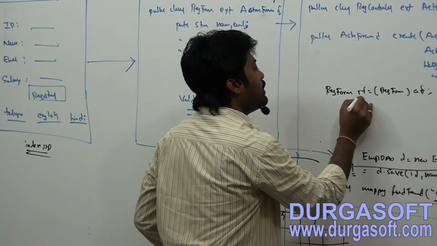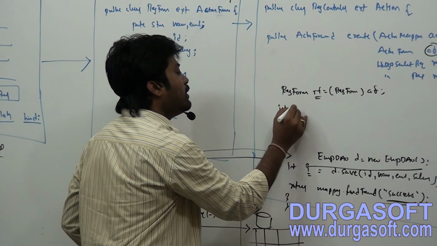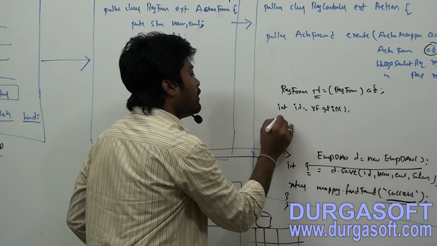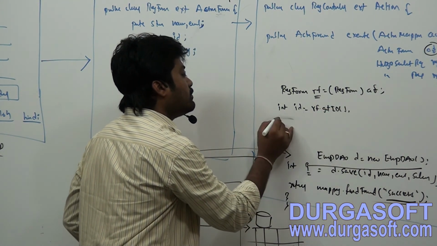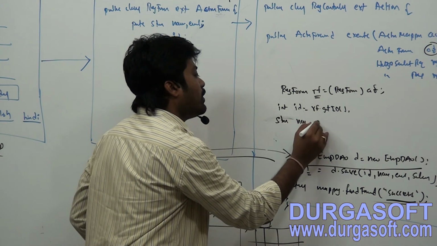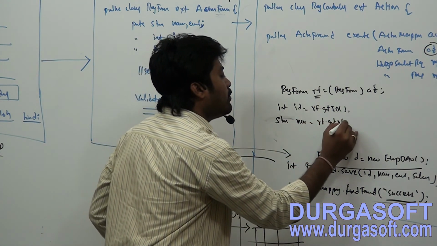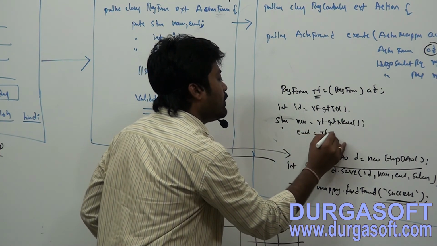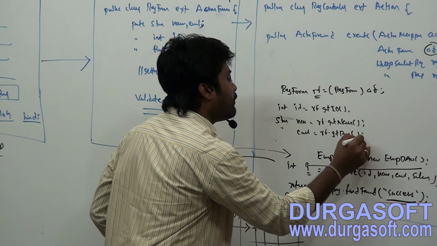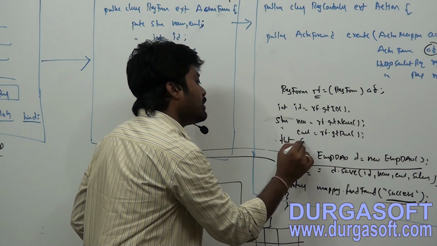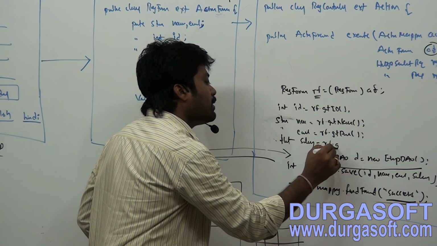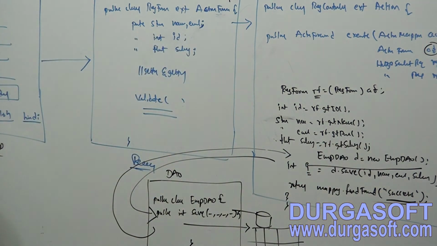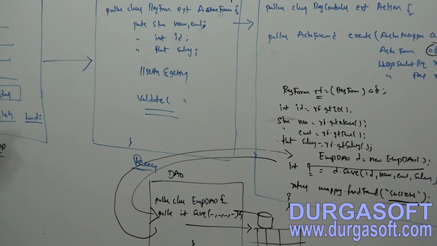Then by using this rf reference, read your data: int id equal to rf dot get id, string name rf dot get name, string email rf dot get email, finally float salary equal to rf dot get salary.